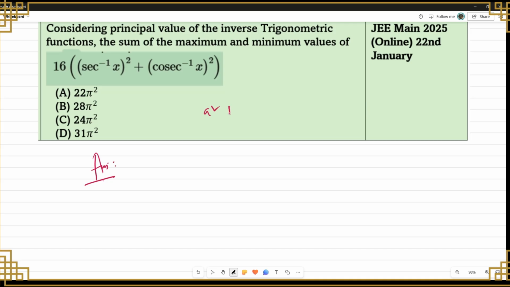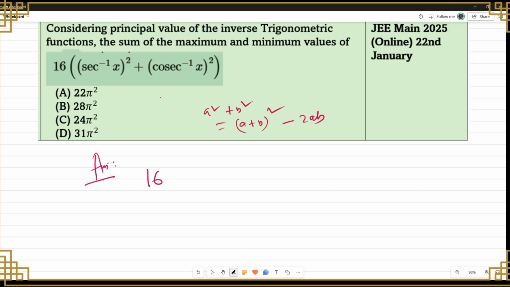Like a square plus b square is there, you are going to write a plus b whole square minus 2ab. Something like that. Let's see what happens.